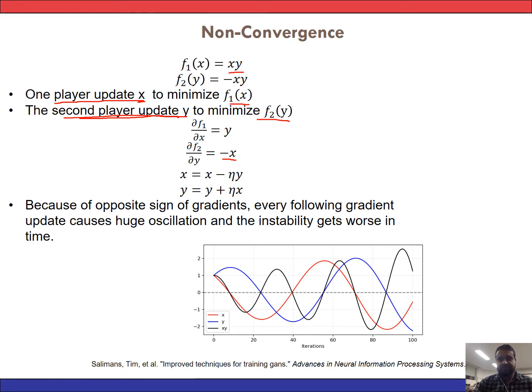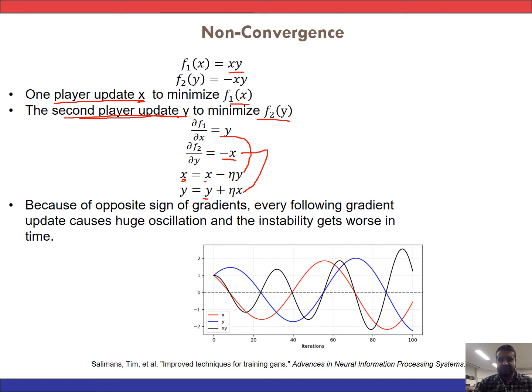Next, we need to change the values of x and y. We find the new value of x by using the gradient descent approach: x new is equal to x old minus learning rate times this change. Similarly, to find the value of y, to optimize f2 of y, the new value of y is equal to the old value of y plus the learning rate times this value.